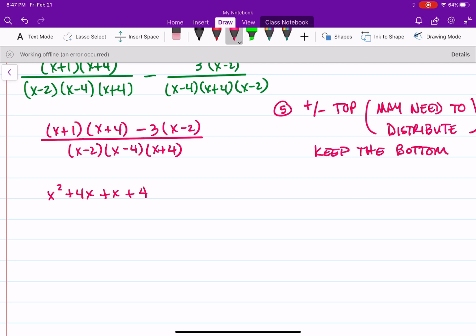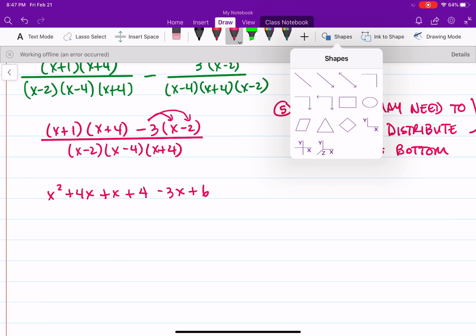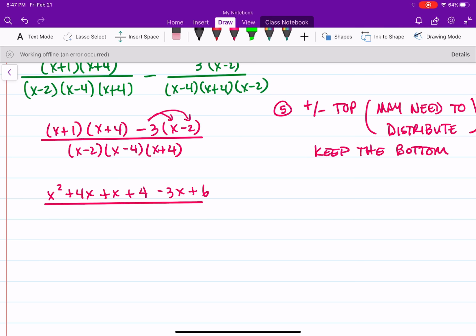And then I'm going to be distributing this negative 3, and that's going to be a negative 3x plus 6. And put that all over x minus 2, x minus 4, and x plus 4.